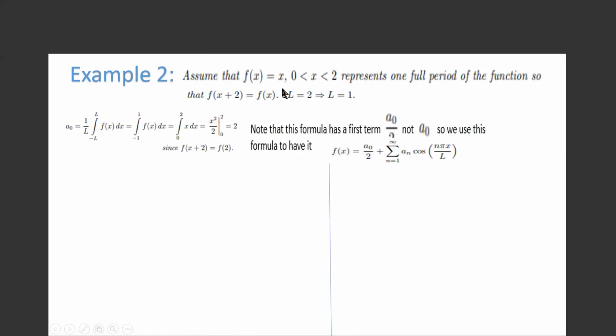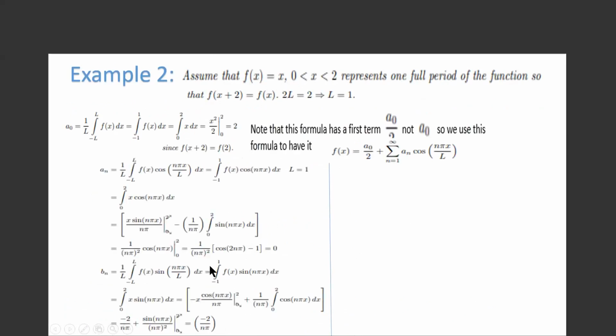If you waste your time, you will find by the end a naught equal to 0. There is no point wasting your time calculating something you already know is 0, because your function is odd. If you replace x by minus x, I will have minus f of x. So please, again, check your function.